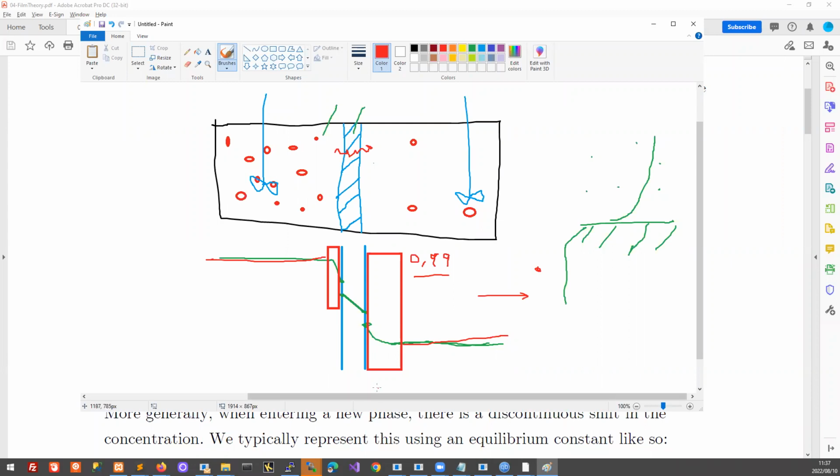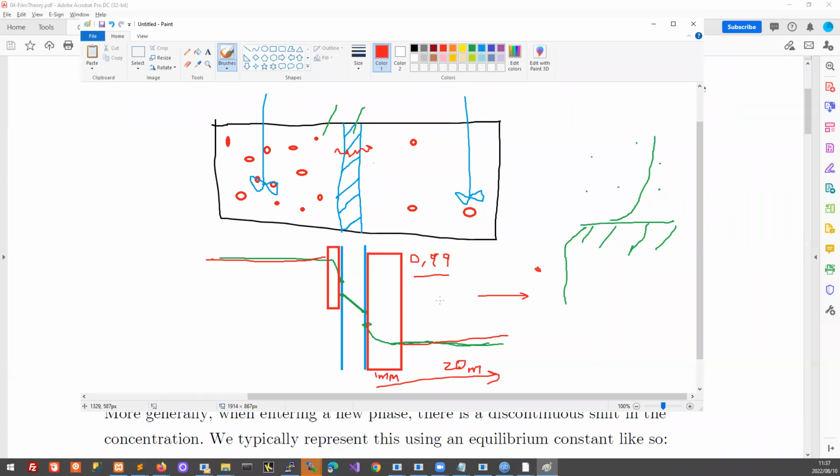Even if the cell is 20 meters long, you might find that 0.99 of that bulk value is reached within 1 millimeter. That's quite often the extent of the concentration difference, on the order of millimeters. So your concentration might only be changing within 1 millimeter down this 20-meter cell.